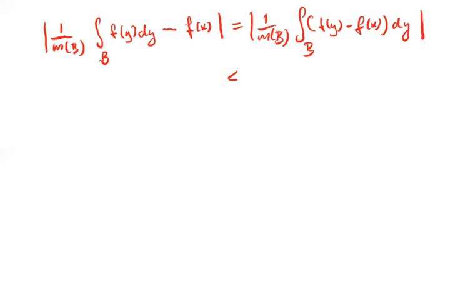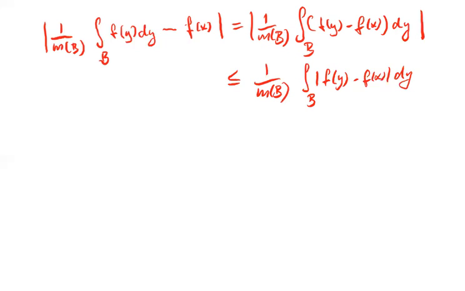And that's less than or equal to 1 over the measure of the ball, which is positive always, times the integral of the absolute value of f of y minus f of x, by the triangle inequality. And now take limits on both sides and you're done, right?